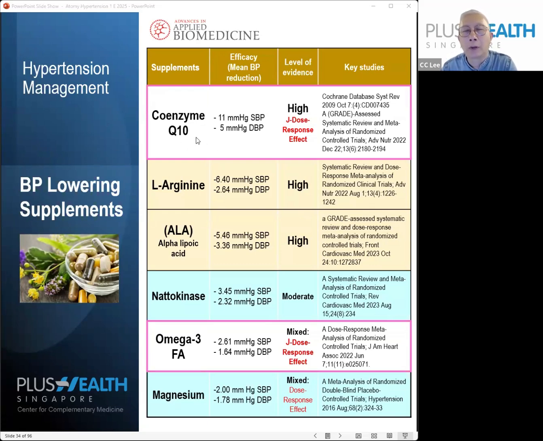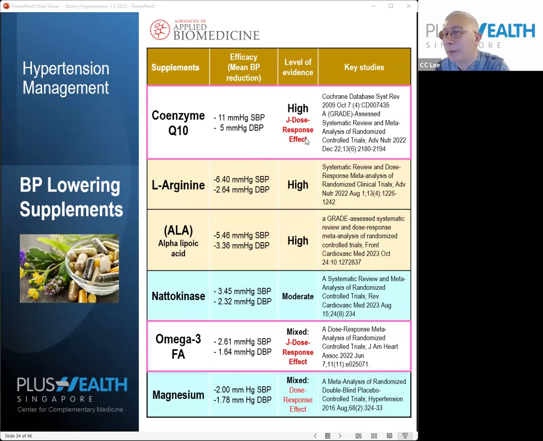Coenzyme Q10 has the highest level of evidence and the highest level of efficacy in reducing hypertension among the supplements. Unfortunately, the effects of coenzyme Q10 on hypertension are not a linear curve. You have a J dose response effect. I will explain in the next slide.